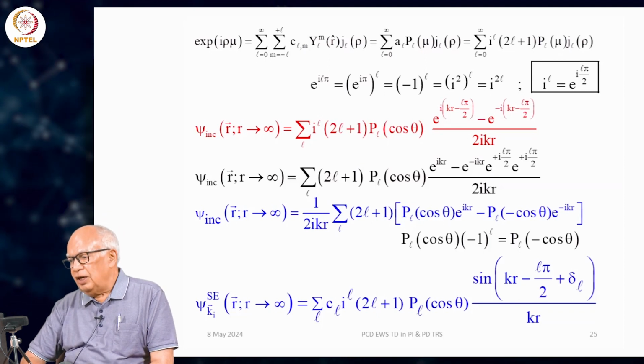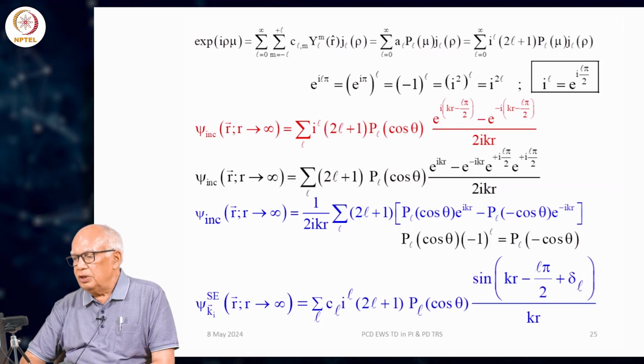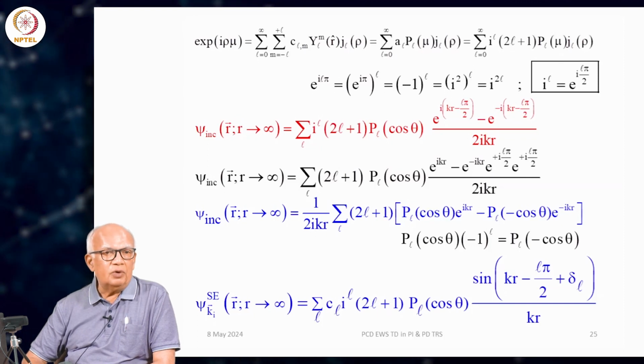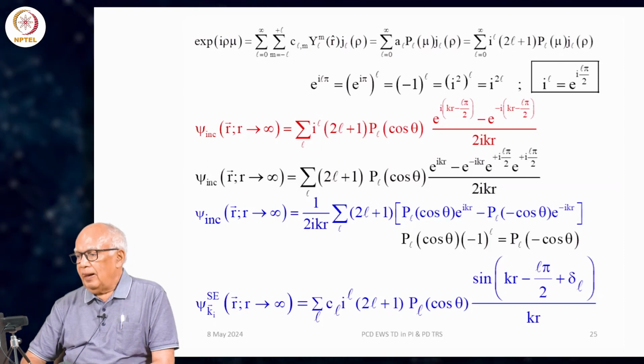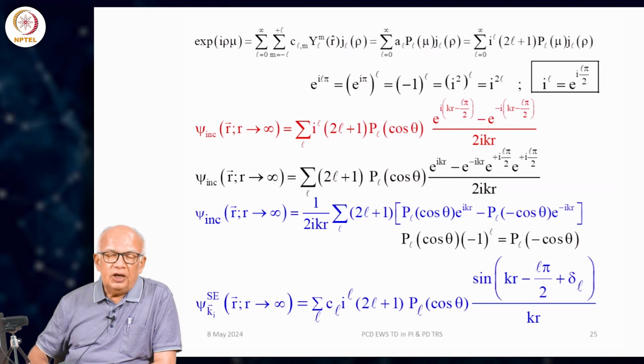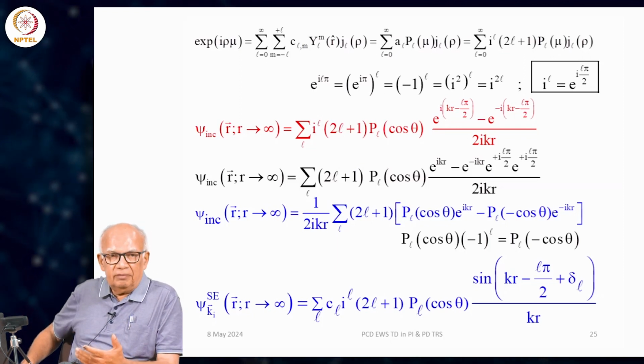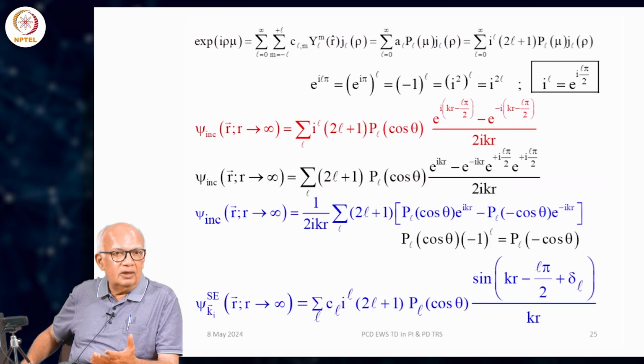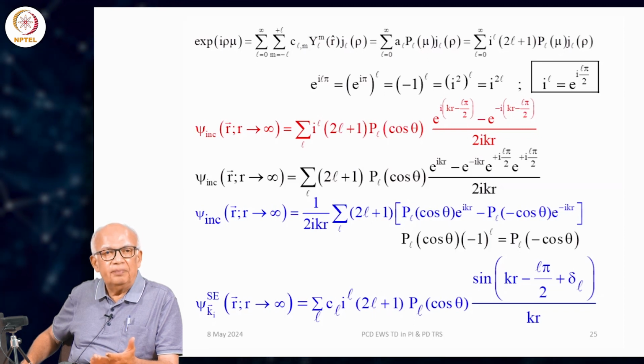For L equal to 0, we know that the solution is sin kr, which is very easy to get. For V equal to 0, for zero potential, which is for vacuum, the problem is very easy to solve.